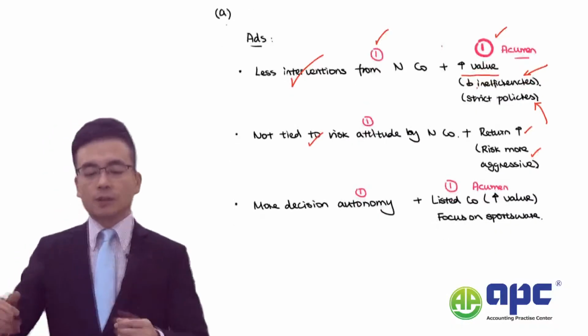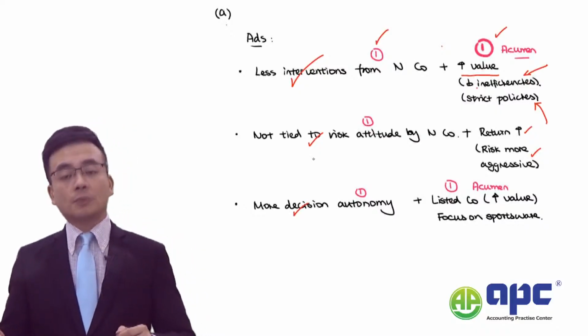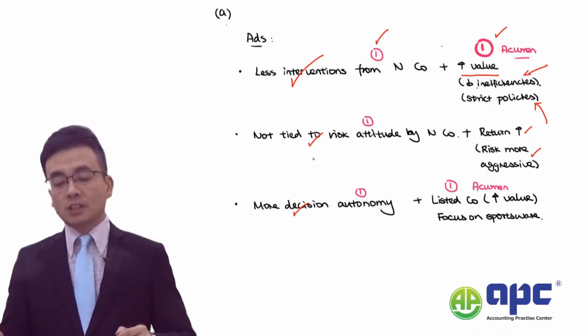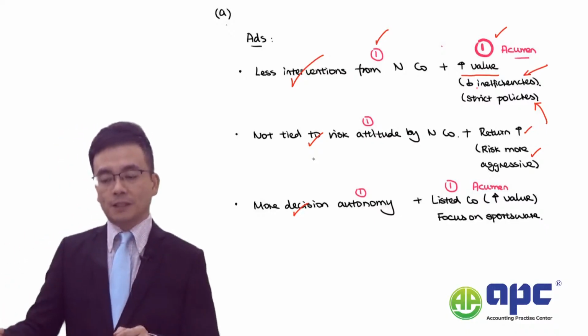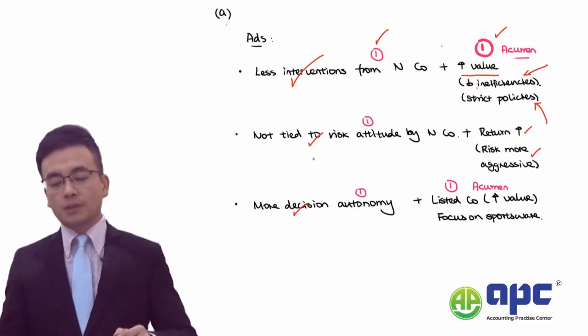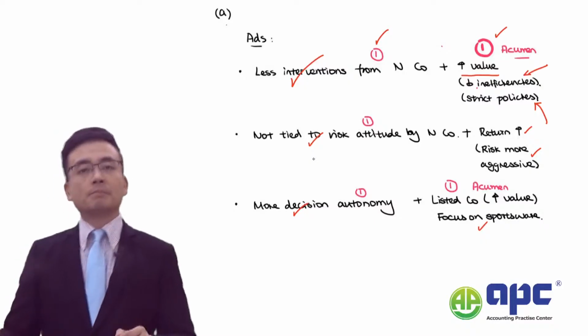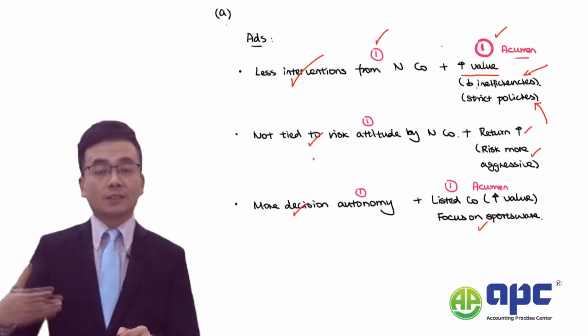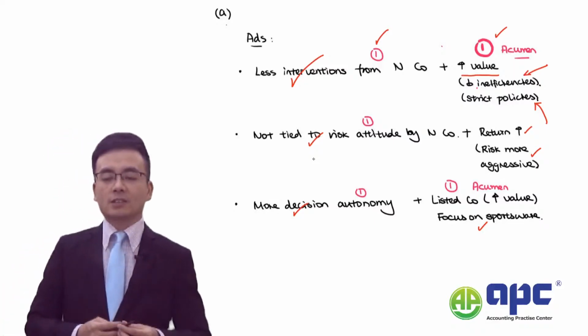And as a result of it, you can have more decision-making autonomy, which means decision-making power. So that's why it can improve the public listed company value, because you are now focusing entirely on the sportswear business on your own, and you can inject more innovative ideas into that. Just give an excuse next to that.